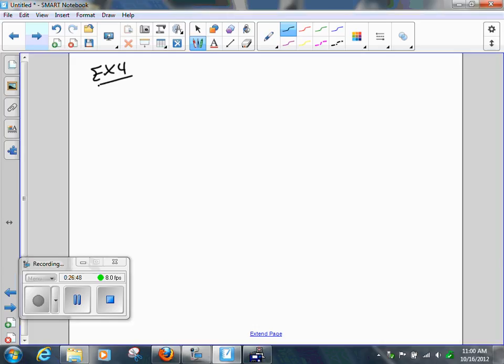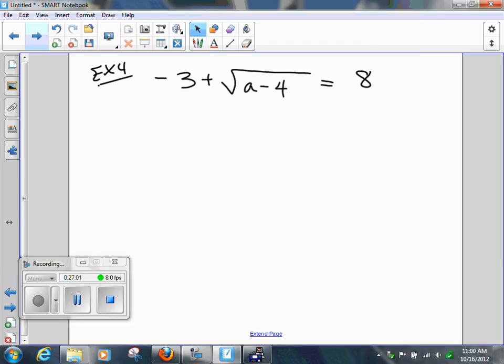How about this? -3 plus the square root of the quantity a minus 4, which is equal to 8. You do that one.